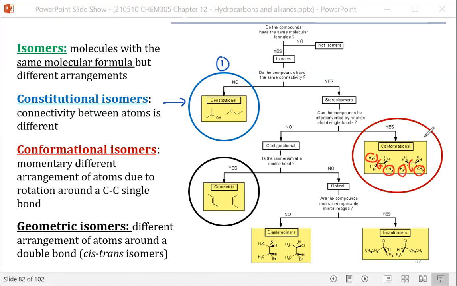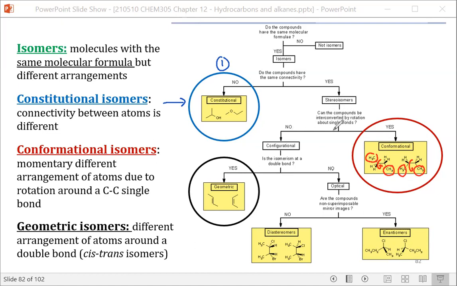So these are called conformational isomers or conformers, and they just exist momentarily. We don't really consider these as separate compounds because they're just a temporary existence. That bond is always rotating, so we can't lock them into place.